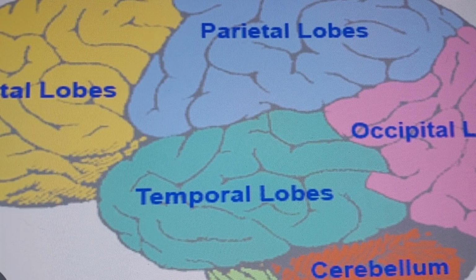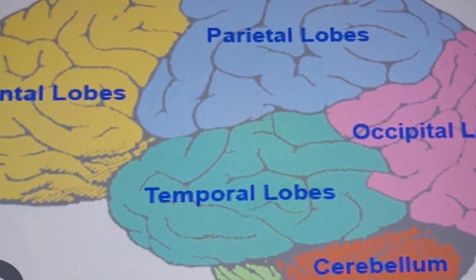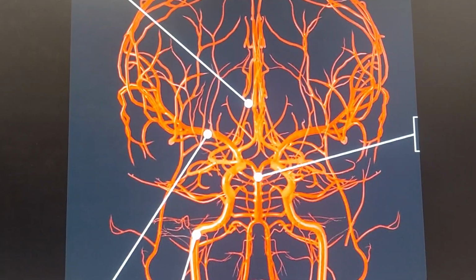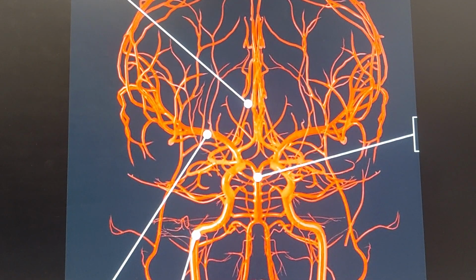This diagram shows you a simplified cartoon illustration of the human brain. Each area is labeled for simplicity. Each area has a different function, and therefore a stroke affecting any one particular area will have a different type of symptom compared to a stroke affecting a different area. Here is a simplified diagram of the different blood supplies to the brain.